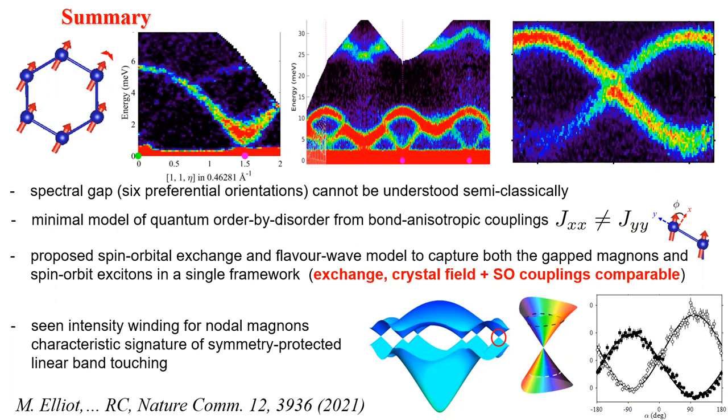And I've also shown measurements where we revealed the linear band touching and then the intensity asymmetry around these associated with the isospin picture. And these sort of set out some experimental techniques to look at potentially more complex band touchings in other systems. So thank you very much for your attention.